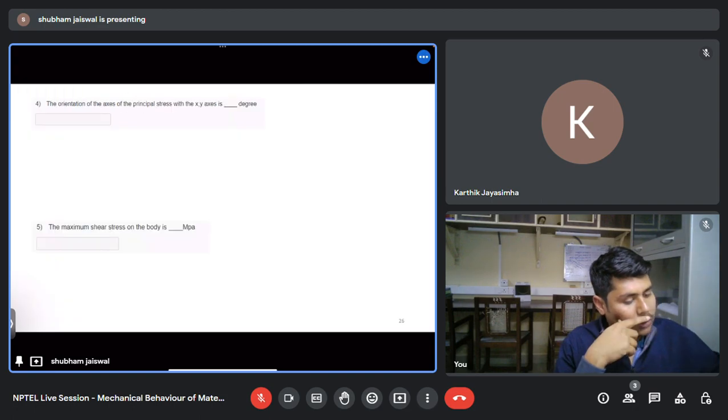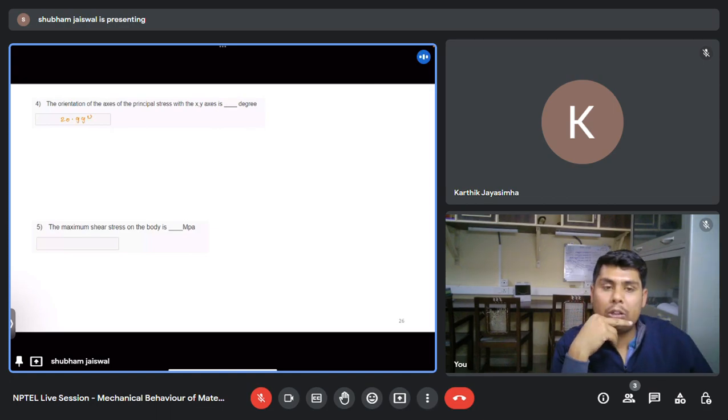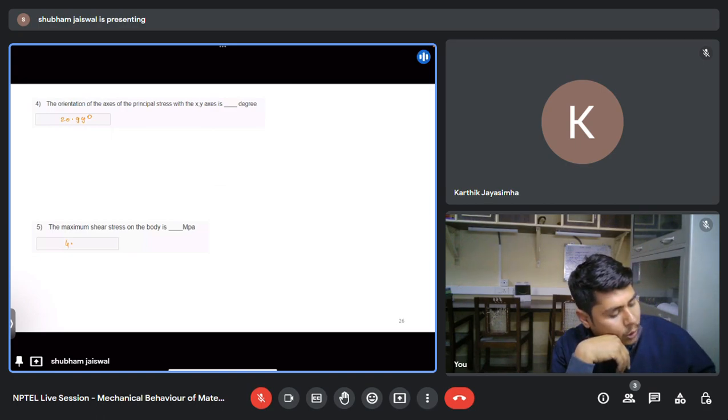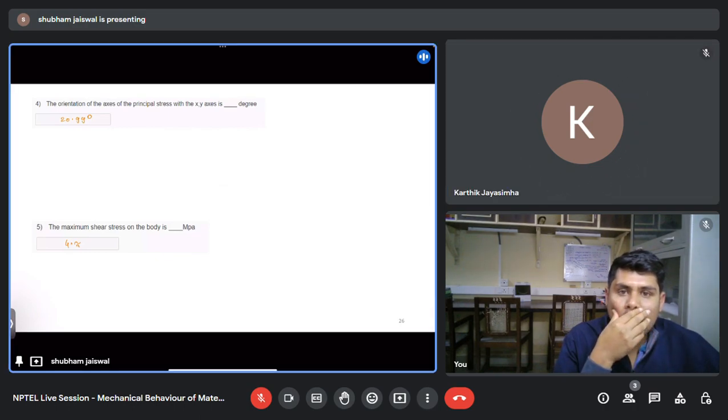So similar question, the orientation of the principal stress axis with the xy axis in degrees: how much is it? 20.99. And the maximum shear stress we found is 4 point something. This is the easy method, you need not do many calculations, just graphically you can solve.